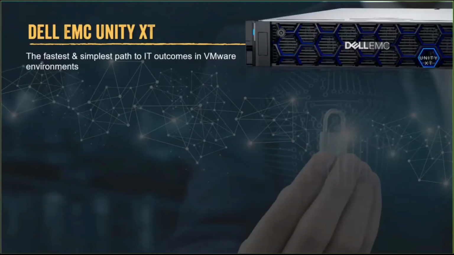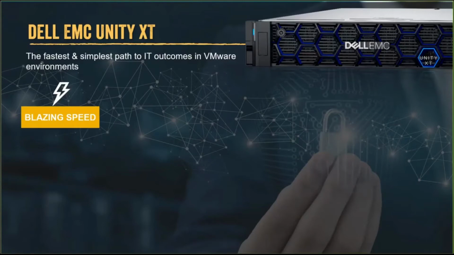So I'm going to just talk through the Dell EMC Unity, just so you have a point of reference to be able to talk through here. They're really fast. They have all flash. They've got NVMe. You've got those components to ensure that you've got the speed that's required.